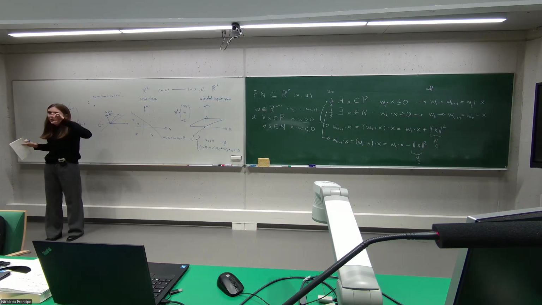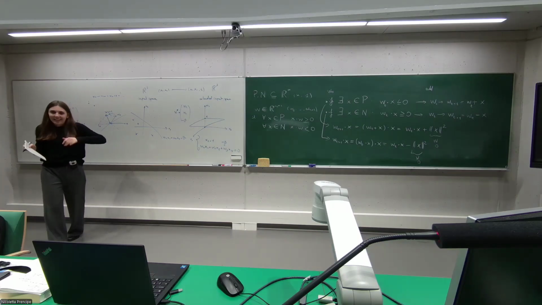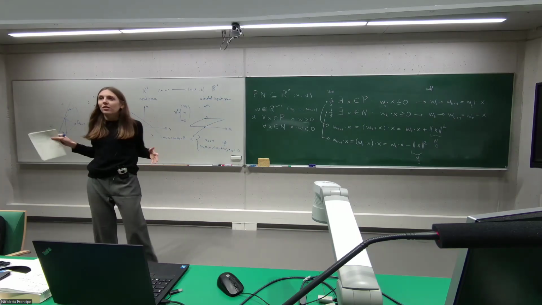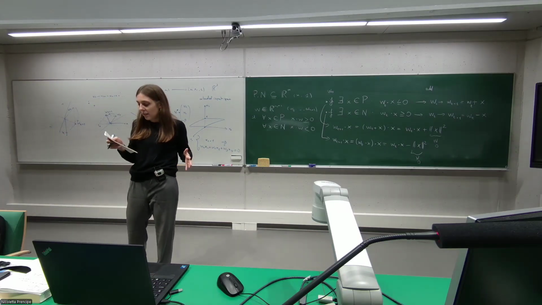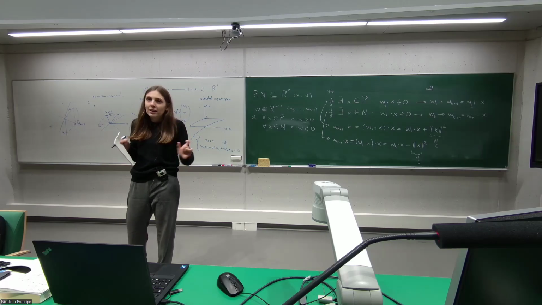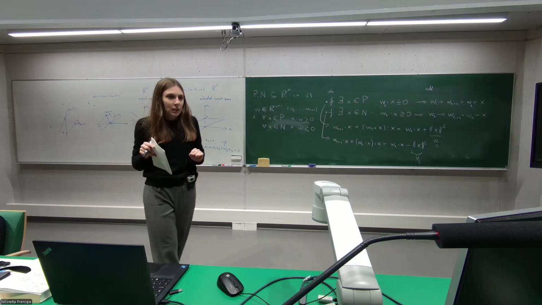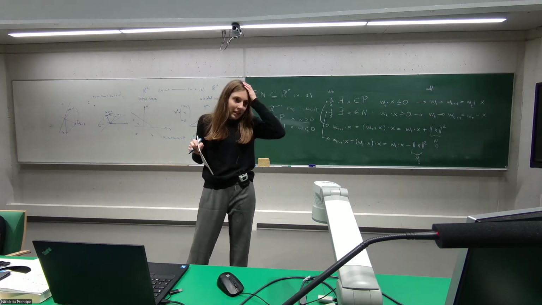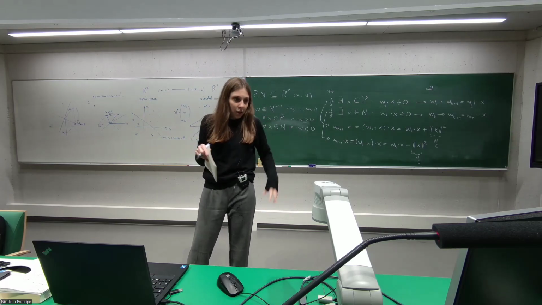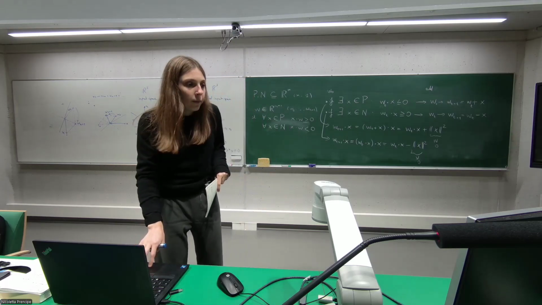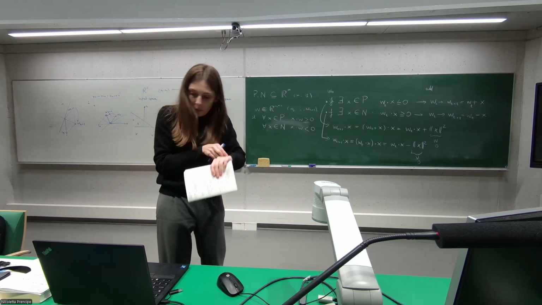Since x is not a vector of norm 1, the rotations will be different, because none of the vectors that we're using is normalized. I didn't recap what normalized means: it means of norm 1, so I take a vector and divide it by its norm.